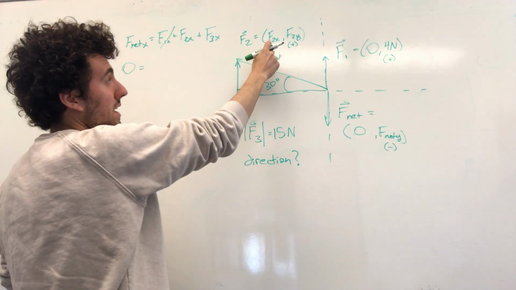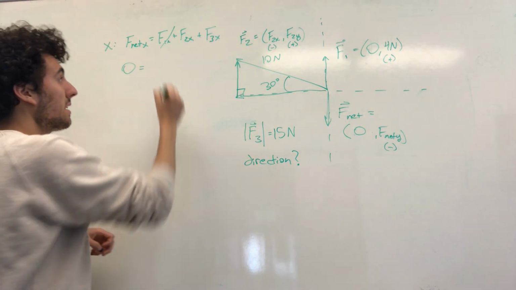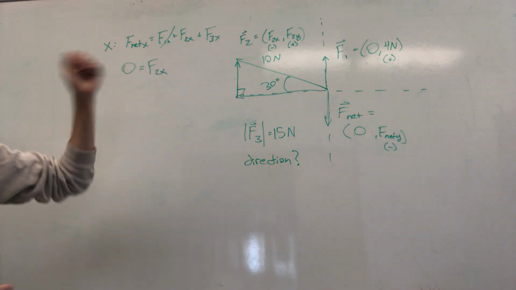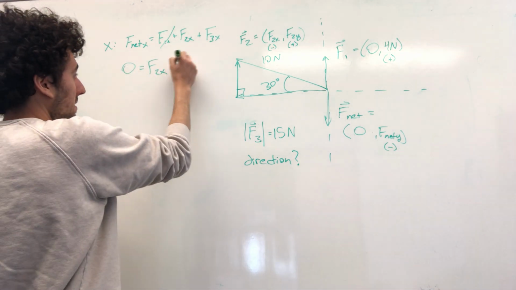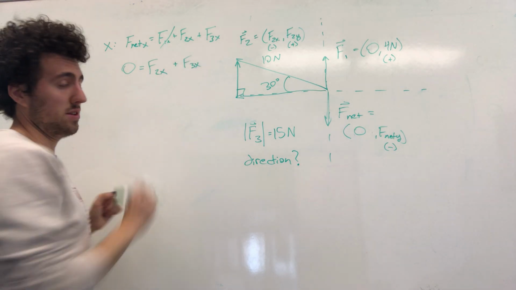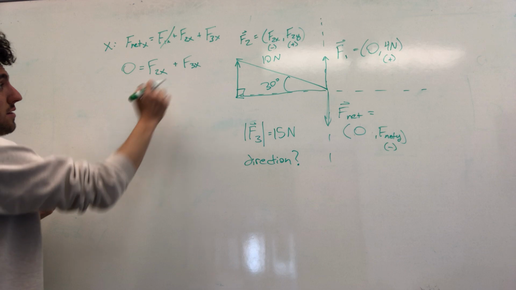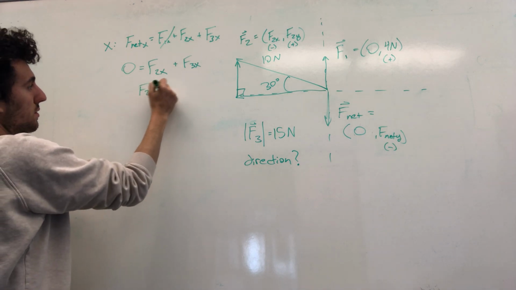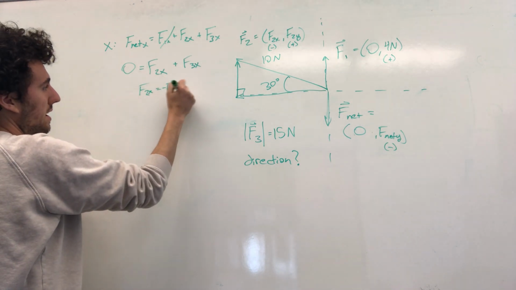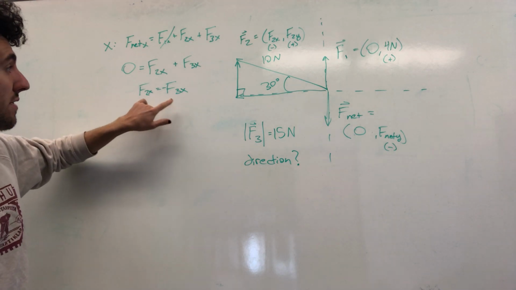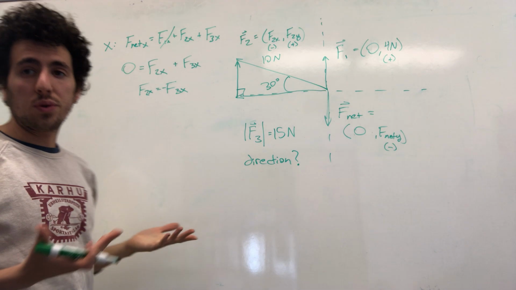F2x is this thing that we're going to have to find, but that's non-zero, and it's going to be a negative number, we know that, and then plus F3x, which is something that we need. So this allows us to find that F2x equals negative F3x. So the x components of vectors F2 and F3 are equal and opposite.